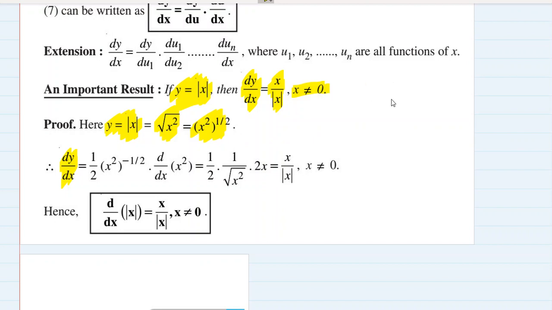Let me apply chain rule and show you what we are going to get. So we have y is equal to x square raised to 1 by 2.